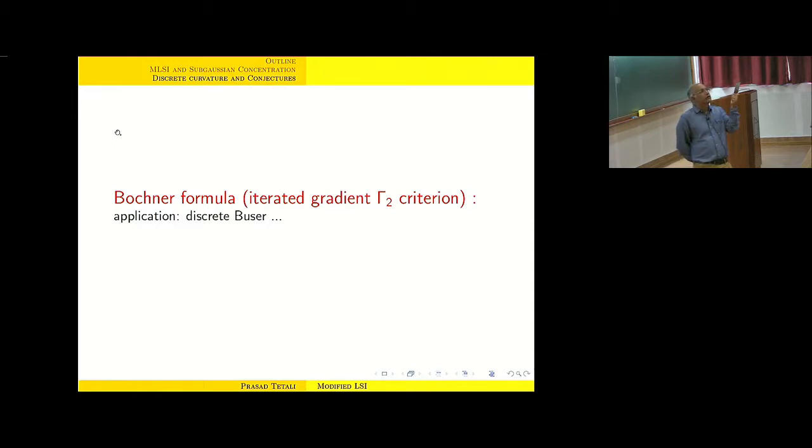We prove that in two steps. We show for any Markov chain that has non-negative curvature in this sense of local Bochner criterion, you have such an upper bound. That spectral gap is at most quadratic in Cheeger. And the second result is that for abelian Cayley graphs, or Cayley graphs coming from abelian groups, you have non-negative curvature.